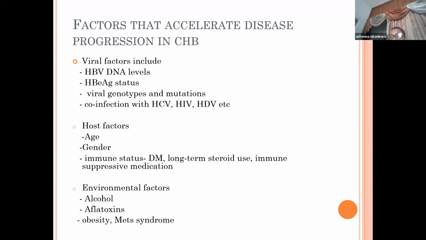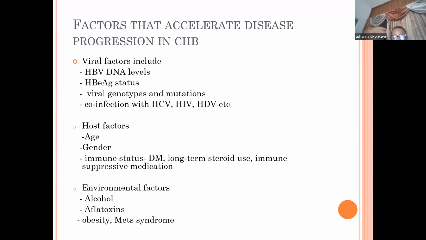But then the number of years someone could have this dormant infection depends on a lot of factors. And some of these factors include viral factors, the DNA levels, the HBe antigen status of the person who has the infection, the viral genotypes and mutations. Genotype E is the most prevalent in Nigeria.